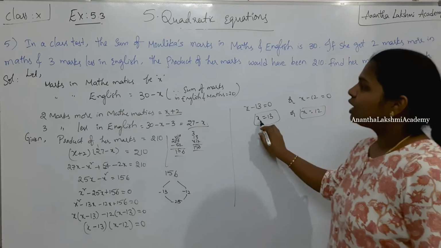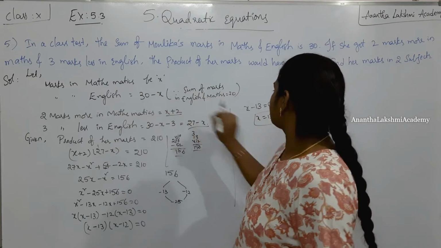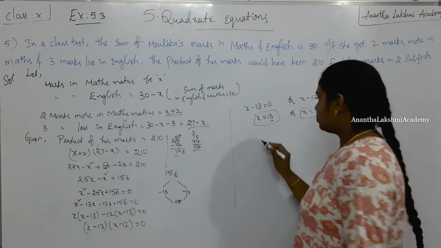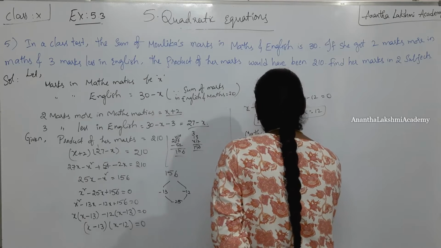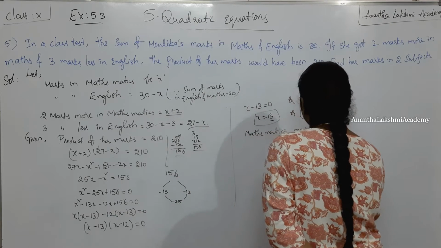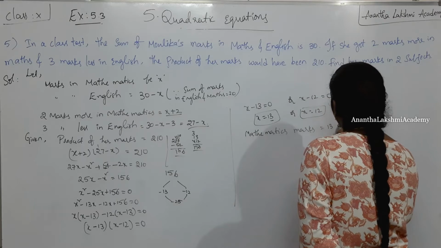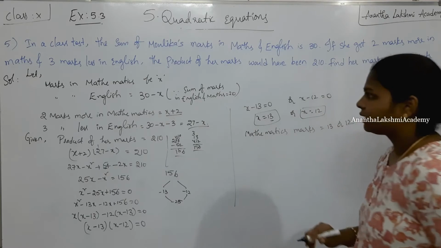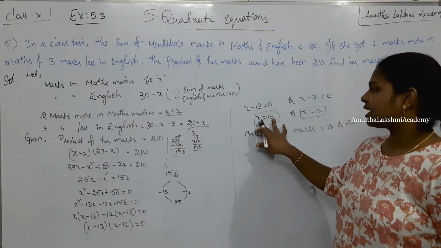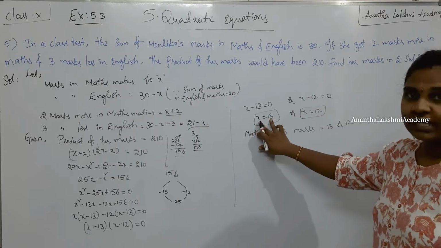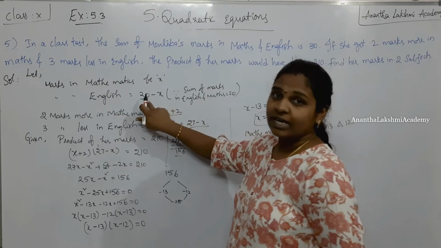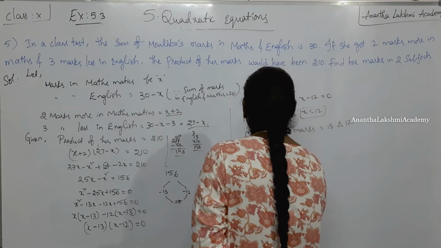So, x is what? Mathematics score is 13. So, mathematics marks is equal to 13 or 12. When mathematics she got 13 marks, what would be the score in English?